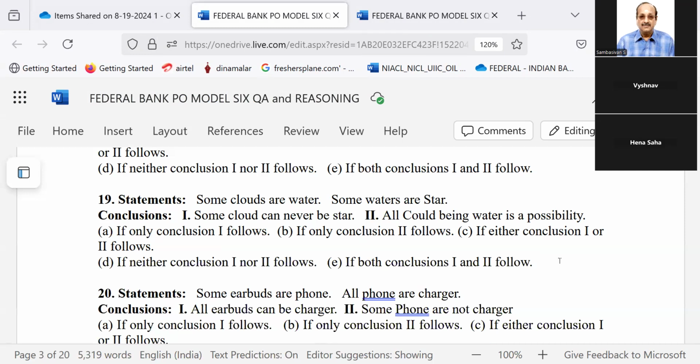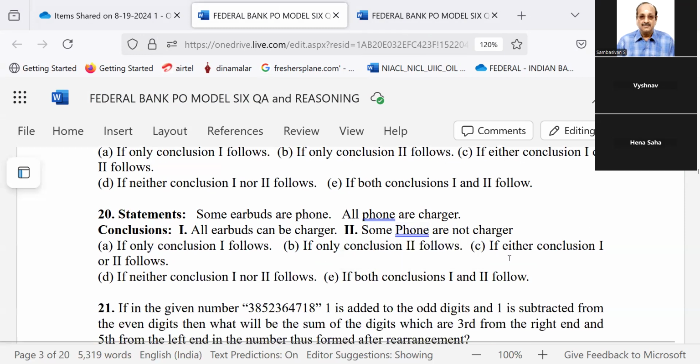In my view, this is the only type of problem which you can do in less time in the exam. Only 2 follows. 19, correct. Good. Number 20.